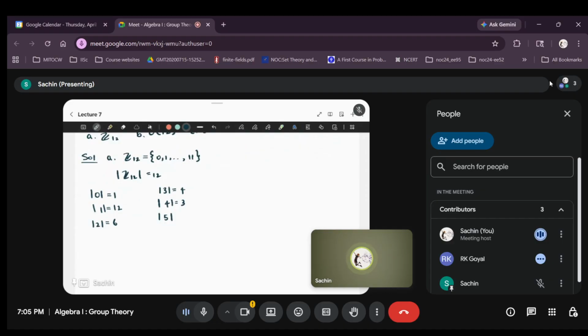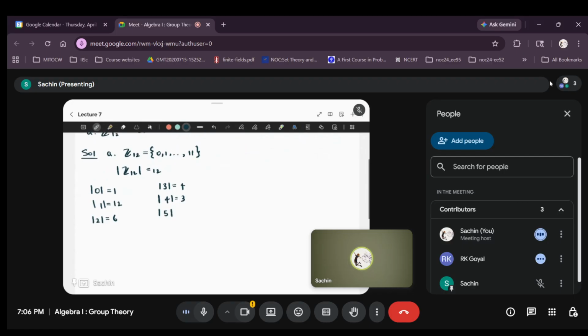No, this is not power. This is Z12, so it's addition. So you have to take multiples of 5. Smallest multiple of 5, which is also a multiple of 12, because all multiples of 12 are 0 in this.